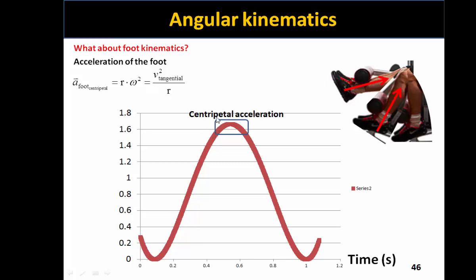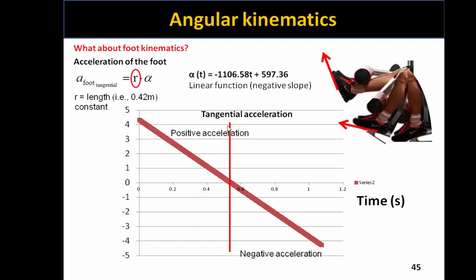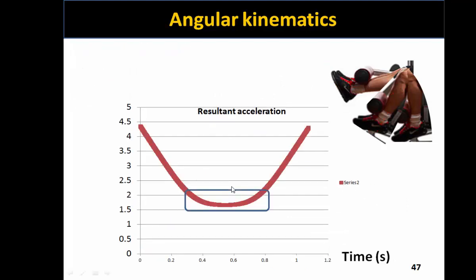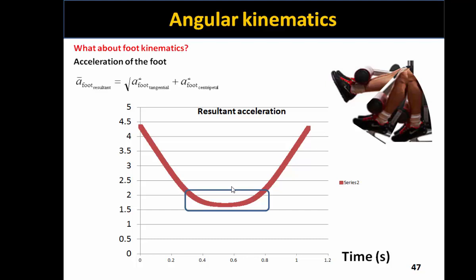We see that the centripetal acceleration, the forces imposed on the foot, are going to be greatest at the mid-range point in motion. And contrast this with the previous slide, where the mid-range of motion saw a tangential acceleration of 0. So we calculate the resultant acceleration, which is the vector sum of the tangential acceleration of the foot and the centripetal acceleration of the foot.